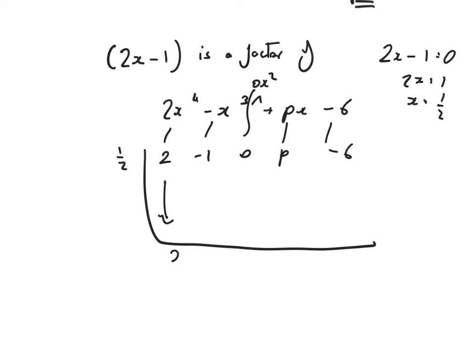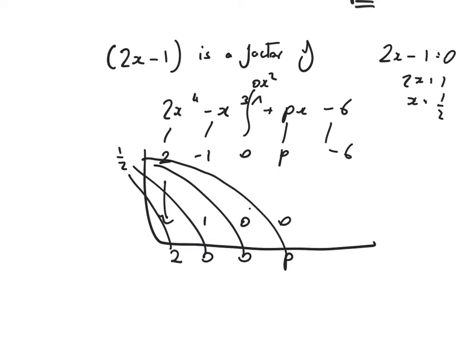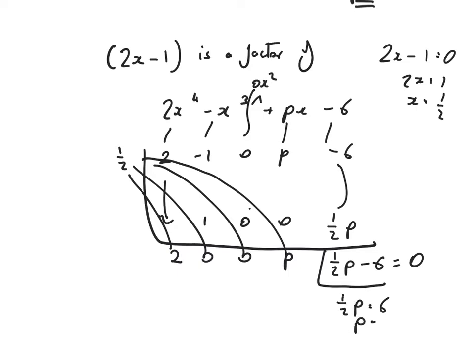Okay, so I'm going to drop the 2 down. 2 times 1/2 is 1, 1 minus 1 is 0, 0 times 1/2 is 0, 0 plus 0 is 0, 0 times 1/2 is 0 again, 0 plus p is p, p times 1/2 is 1/2p, and 1/2p minus 6 is 1/2p minus 6, and it's a factor, so that holds a 0 value since the remainder is 0 if it's a factor. 1/2p equals 6 and p is equal to 12.